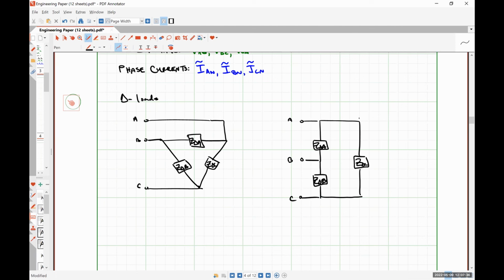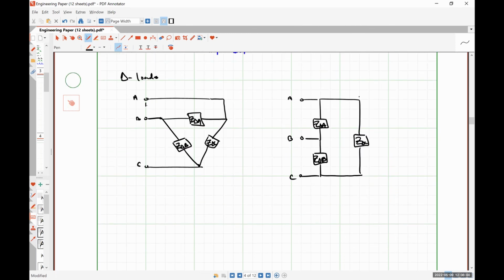Effectively, what we are going to see is that the phase voltages, line voltages, and phase currents are exactly the same thing as we saw in a delta-connected source, except that we are going to have uppercase subscripts because we are on the load side of the circuit. Okay.